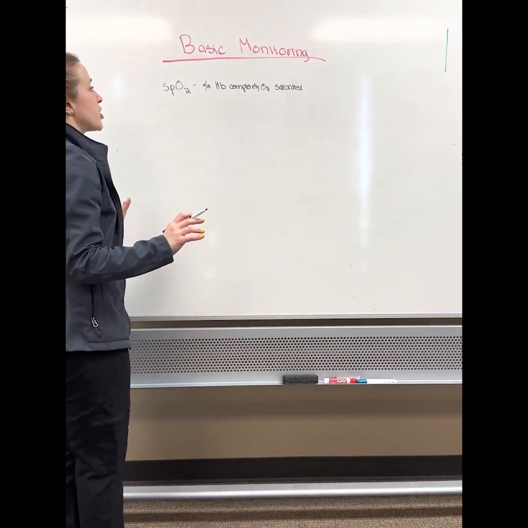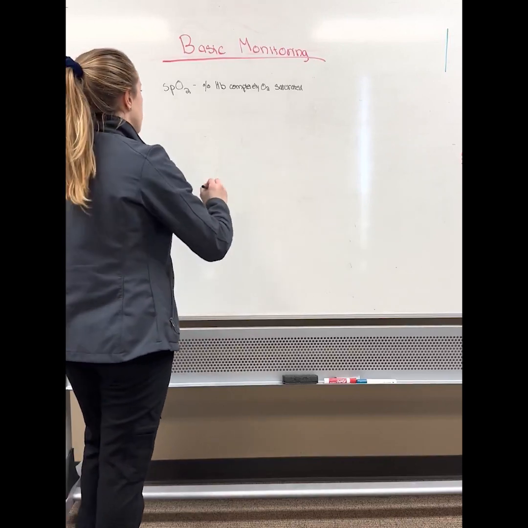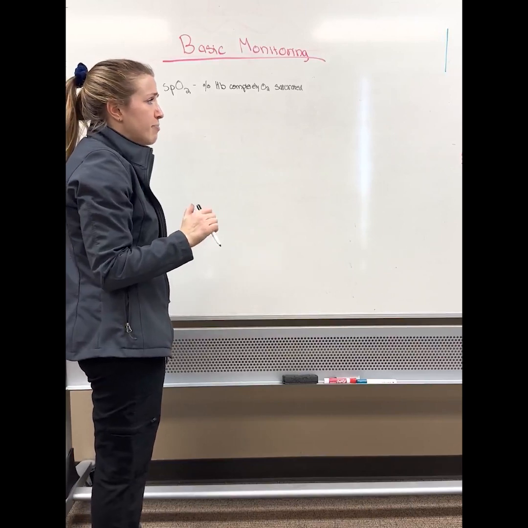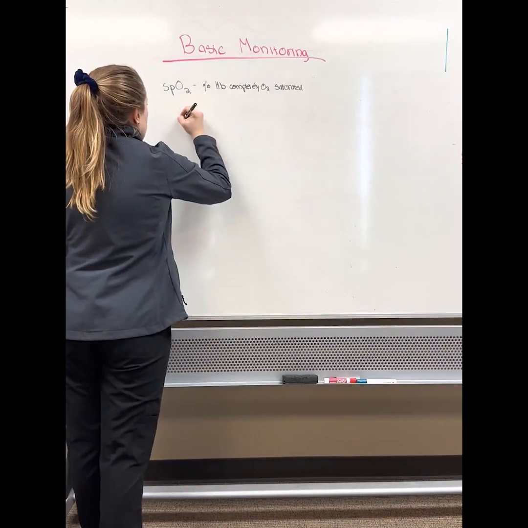I'm going to put an equation on here that you don't have to memorize, but is just to illustrate how this technology works. So there is red light and infrared light, and this is how this works.